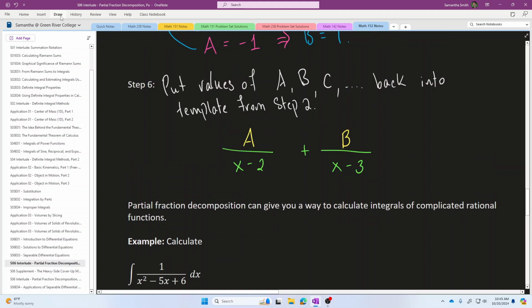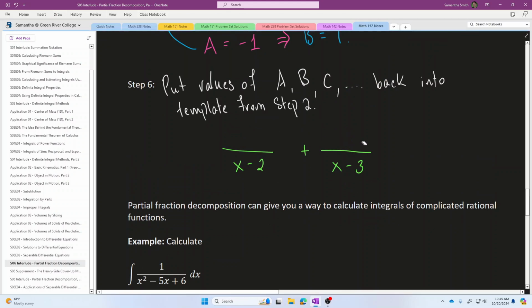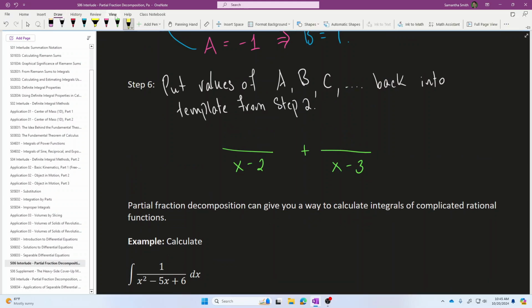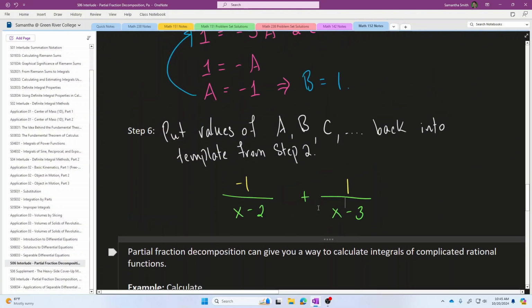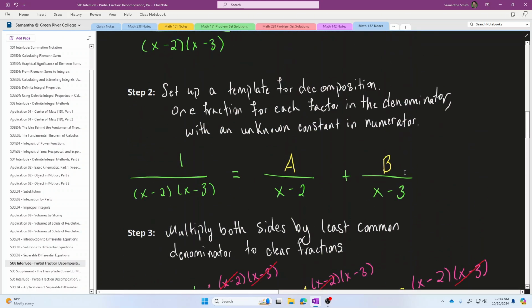This gives me a decomposition equal to: A was -1 and B was +1. If I have -1 in the numerator over x minus 2, and +1 in the numerator over x minus 3, then this right-hand side will truly be equal to the original fraction that I had on the left-hand side. Those will be exactly the same function.